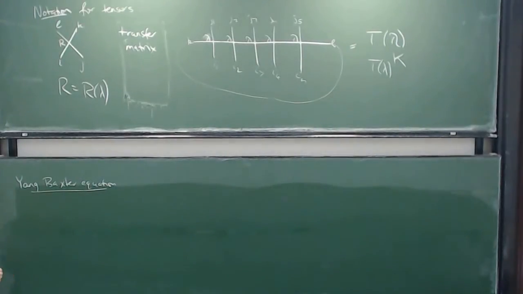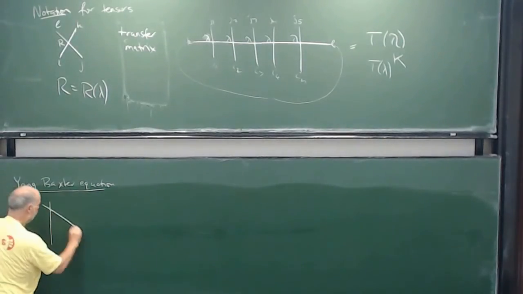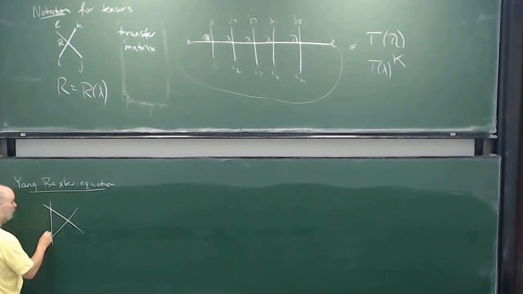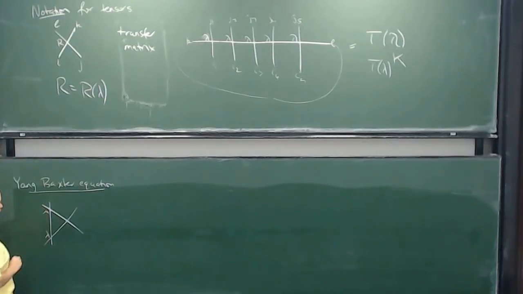Yang-Baxter equation is a small equation on the individual matrix R of lambda, and it says the following. We're going to put, as I said, I dropped the R, so we're going to have a lambda there and a mu there.